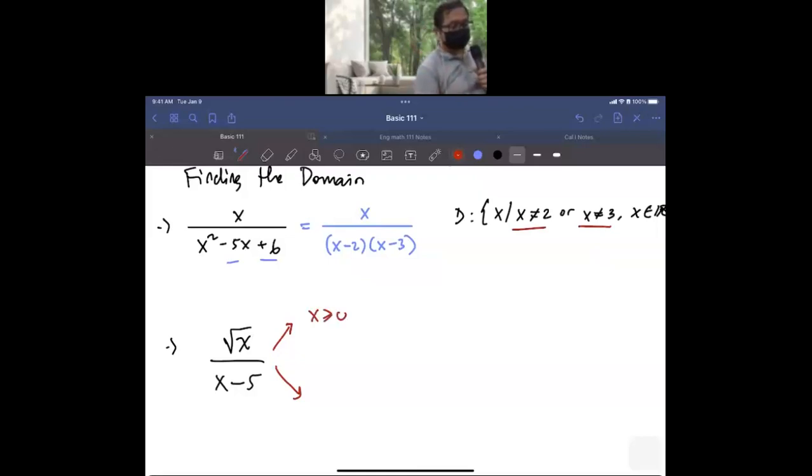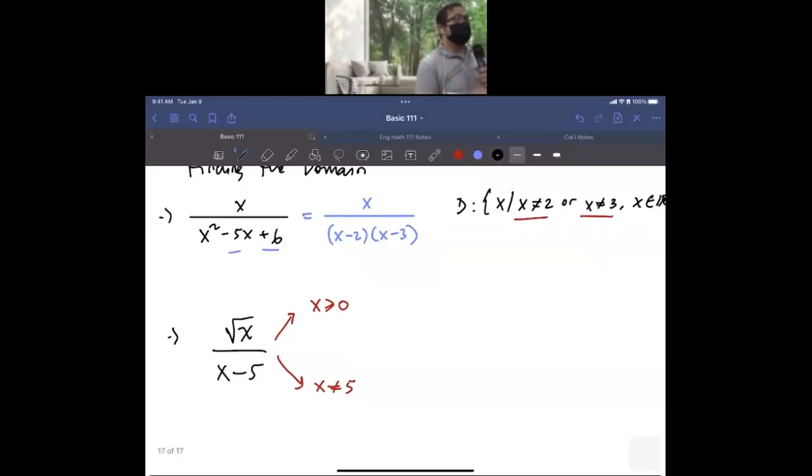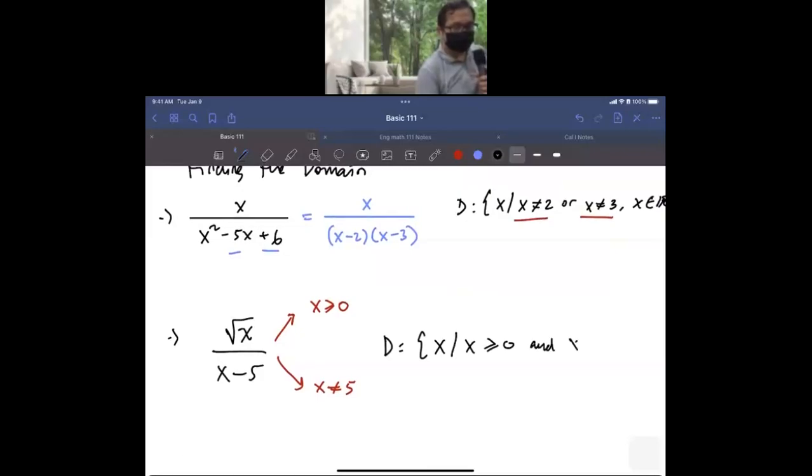But the denominator x is not equal to 5. So we can combine these two expressions, and write the domain as x greater or equal to 0, and x is not equal to 5.